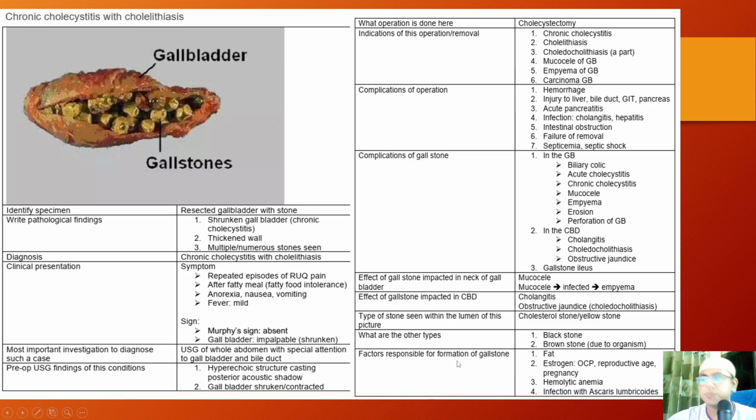What are the factors responsible for formation of gallstone? That is fat, obesity is important. Causative factors: obesity, and estrogen, that is combined pill or OCP, reproductive age, because the patient has multiple pregnancies, so the patient must go through a sedentary lifestyle, so gallbladder contraction is impaired.